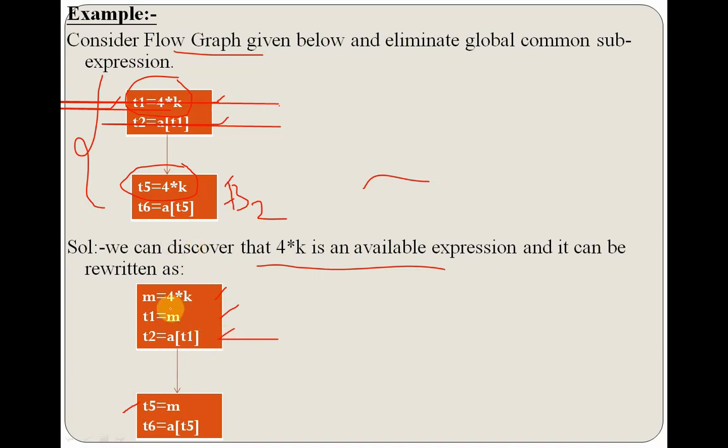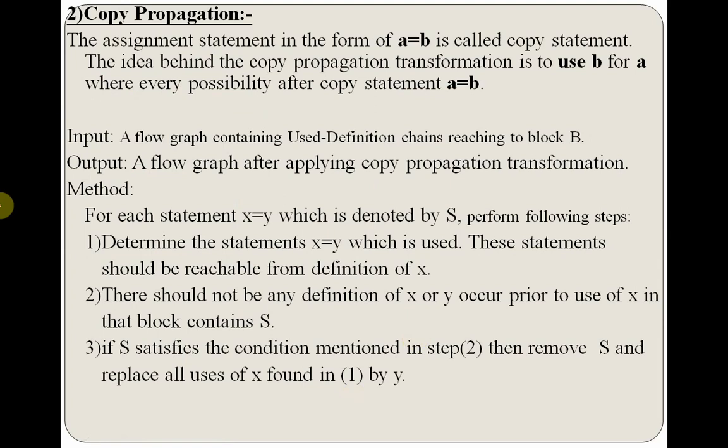Like this we have eliminated the calculation of 4 * K twice in the program, so that we do it only once and use it any number of times. This is called global common subexpression elimination.